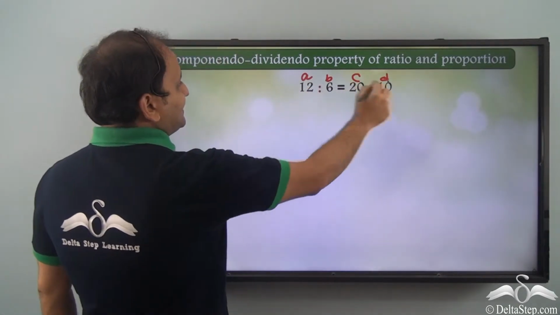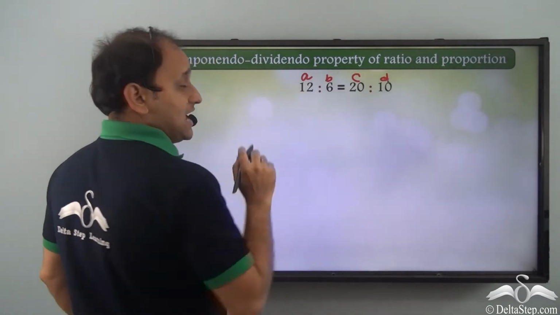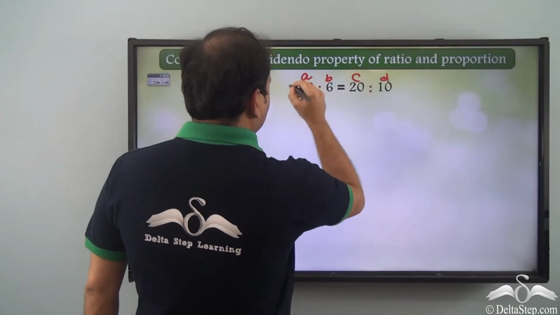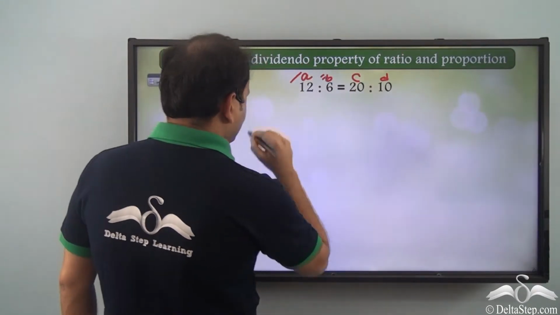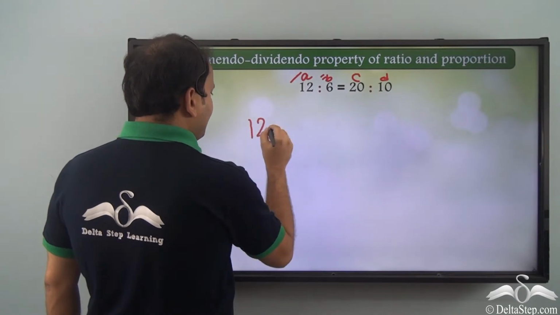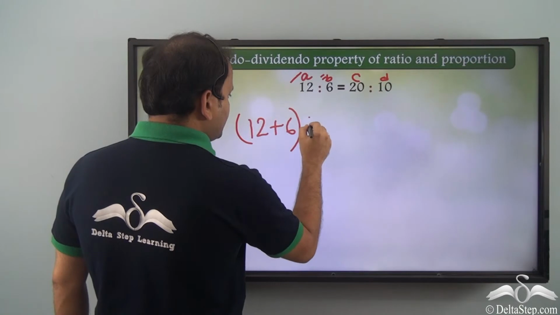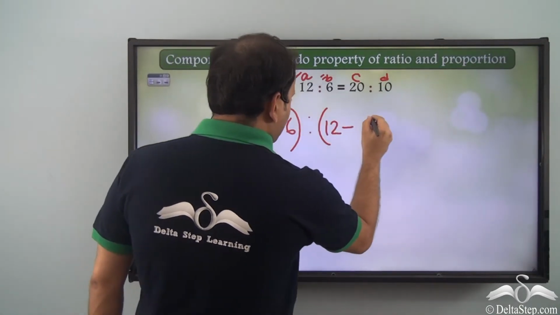Well, if we write this in componendo dividendo form, then it will be A plus B is to A minus B. It means 12 plus 6 is to 12 minus 6.